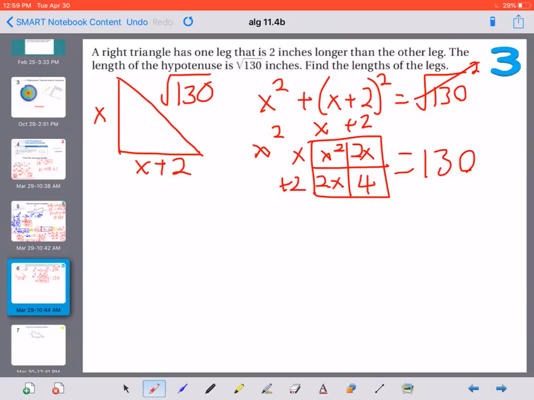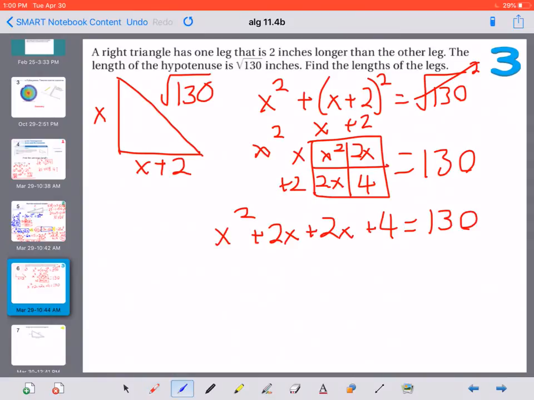So what we're going to have then is x squared plus 2x plus 2x plus 4 equals 130. Oh, I forgot the x squared from the front. So 2x squared, well, that gives me 2x squared.